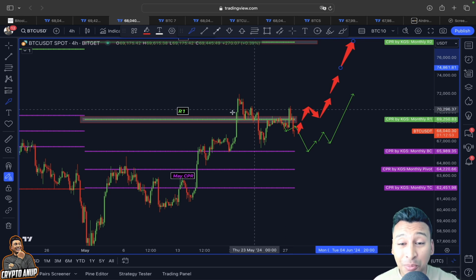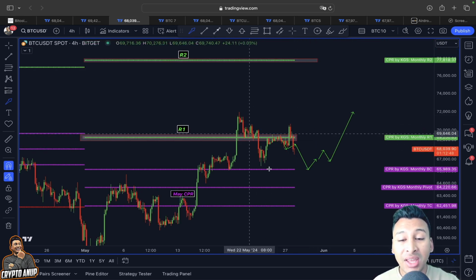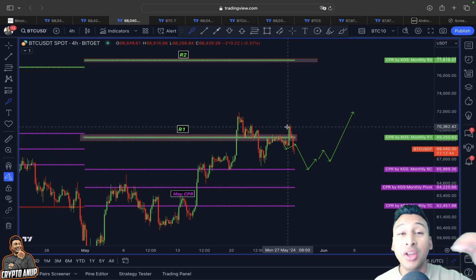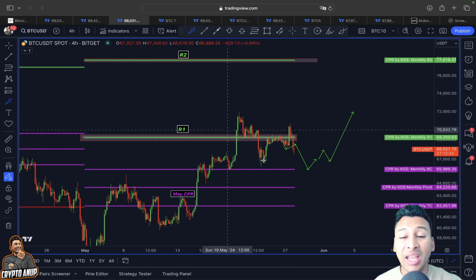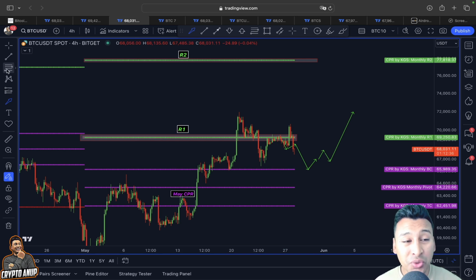But if we look at this price action right now, we are below this monthly R1 line, which is going to be acting as resistance. Yes guys, around 70,000 this monthly R1 line is going to act as resistance, and since we are also below it, the lower trend line in the immediate short term might be attracting us.